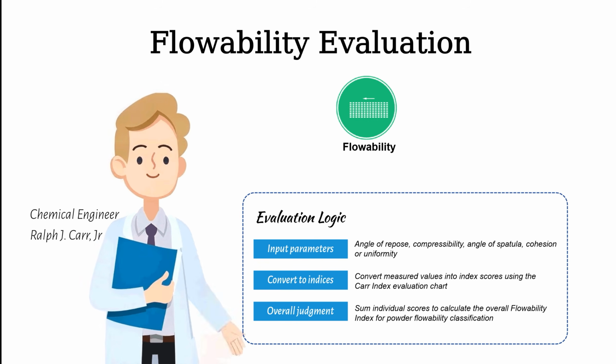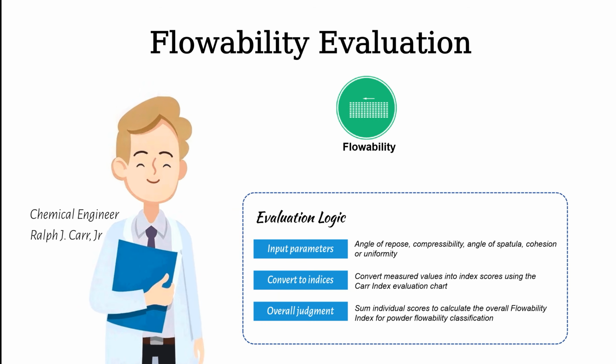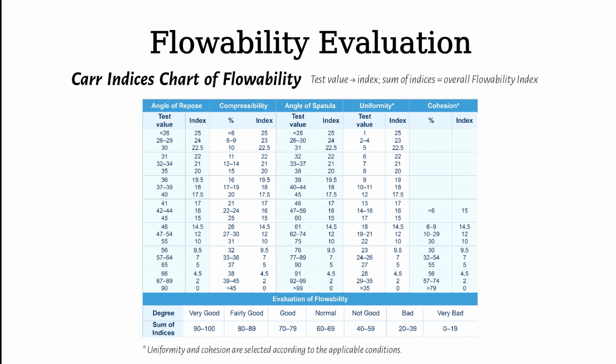Each measured parameter is converted into an index score according to the Carr index method. These scores are then combined to give an overall flowability index according to this chart. And this method provides a quantitative evaluation of powder flowability, making it easy to compare different powders or batches.